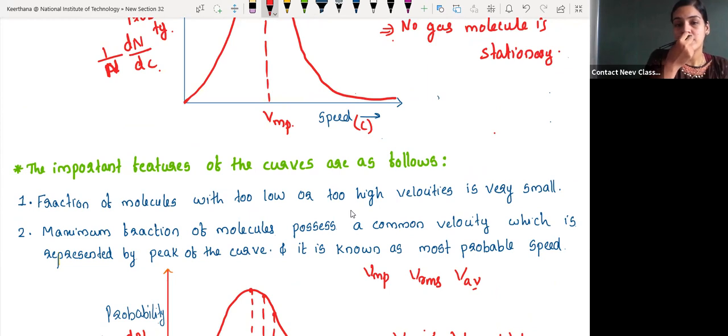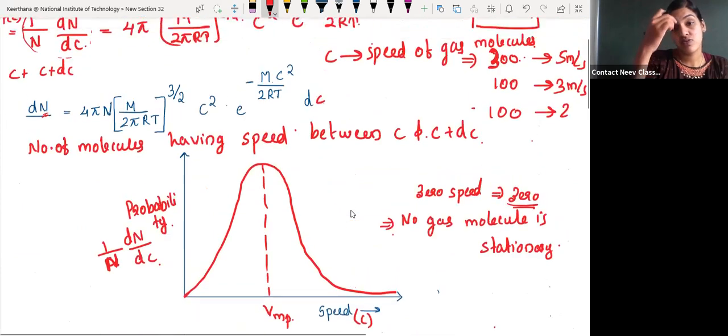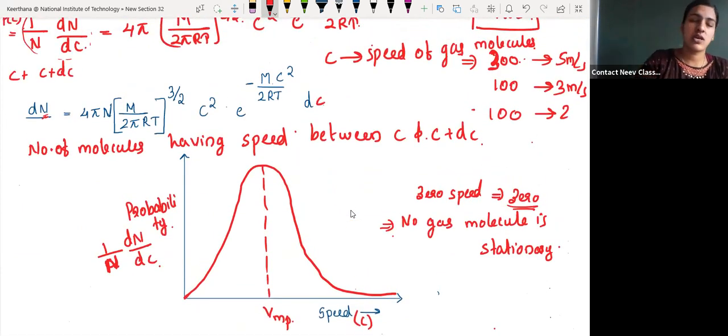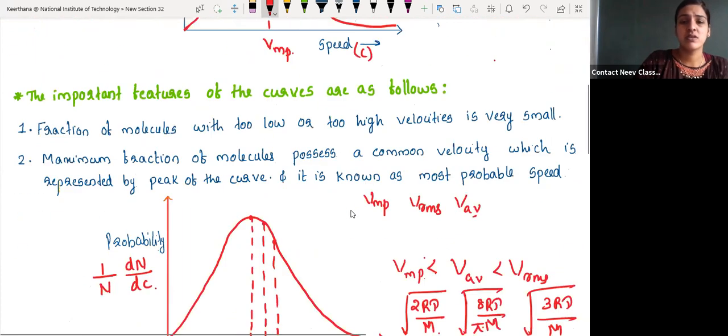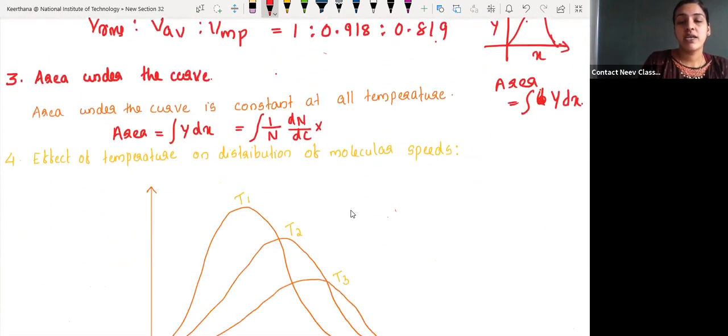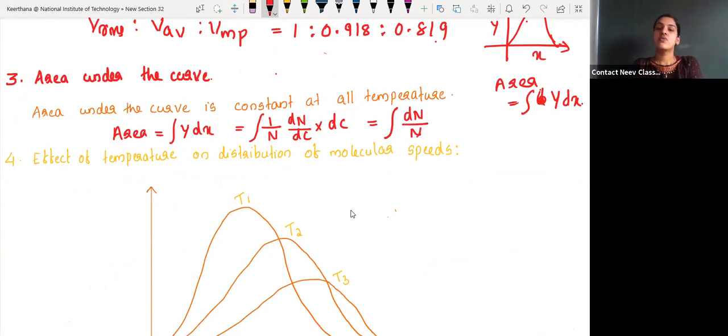The V and C are both the same. You can use V or you can use C, that doesn't matter. So 1 by n dn by dc into dc, or it is equal to integral of dn by n.